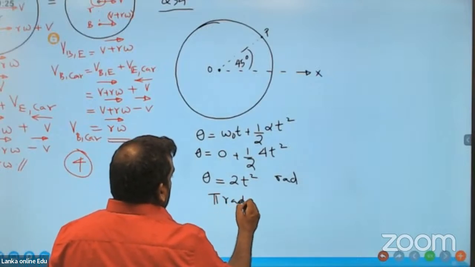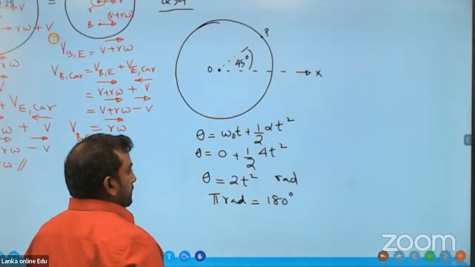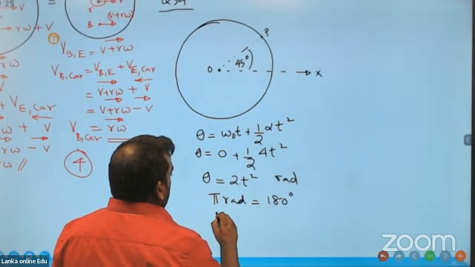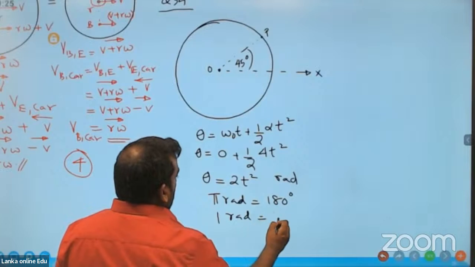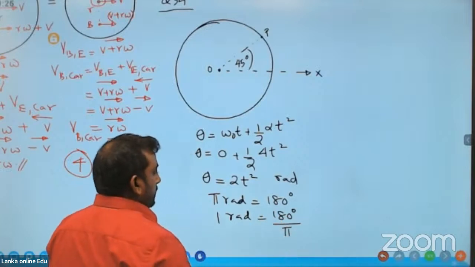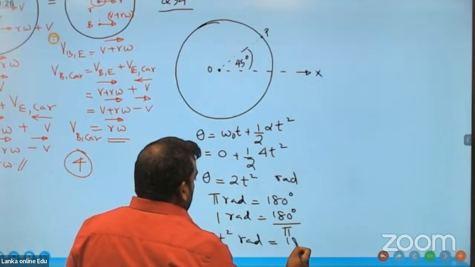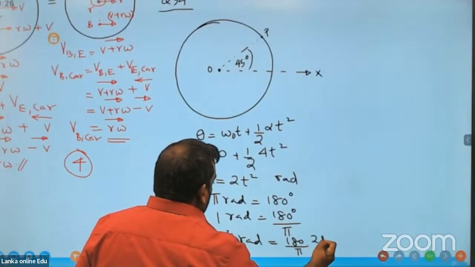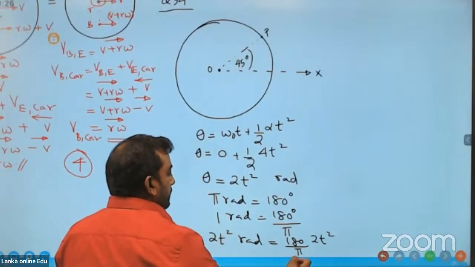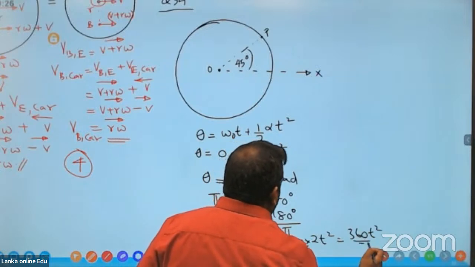Pi radian equals 180 degrees. 1 radian equals 180 over pi. 2t squared radian equals 180 over pi times 2t squared. That is 360 t squared over pi.